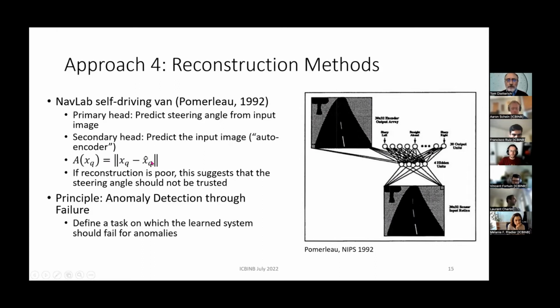And if there's a large reconstruction error, that suggests that we shouldn't trust these hidden units, because evidently we're showing it an image that it cannot reconstruct. And so I call this principle anomaly detection through failure. You try to define a task where the learned system should fail when it's given an out of distribution input, a query. And this worked quite well for Pomerleau.